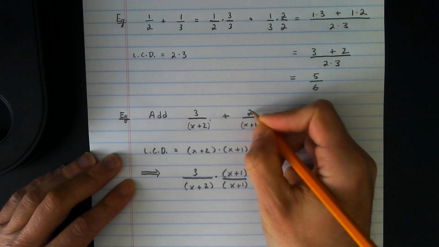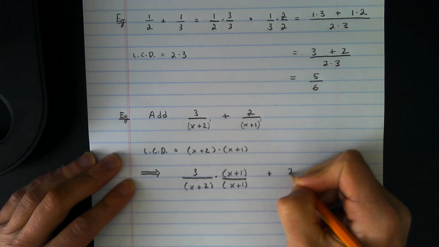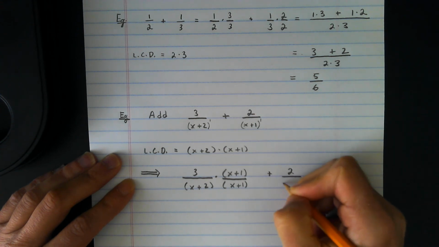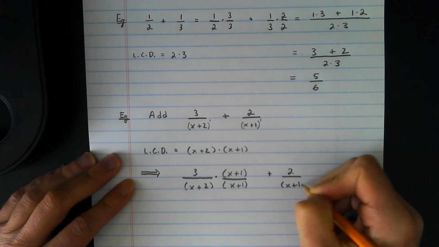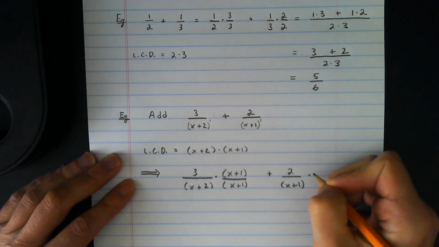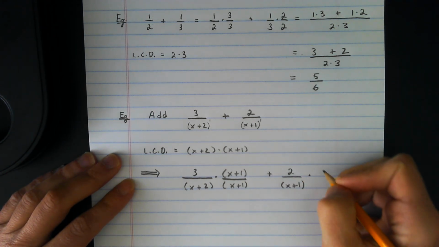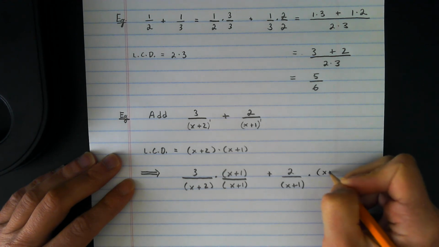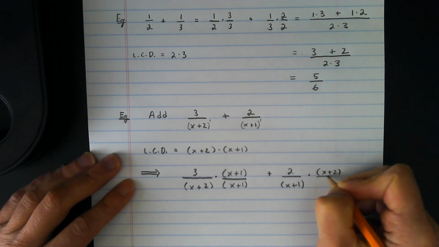And then I've got plus 2 over x plus 1, but I can't quite add these two things together yet, because they don't have the same denominator. So I'm going to multiply the top and bottom of this one by x plus 2.